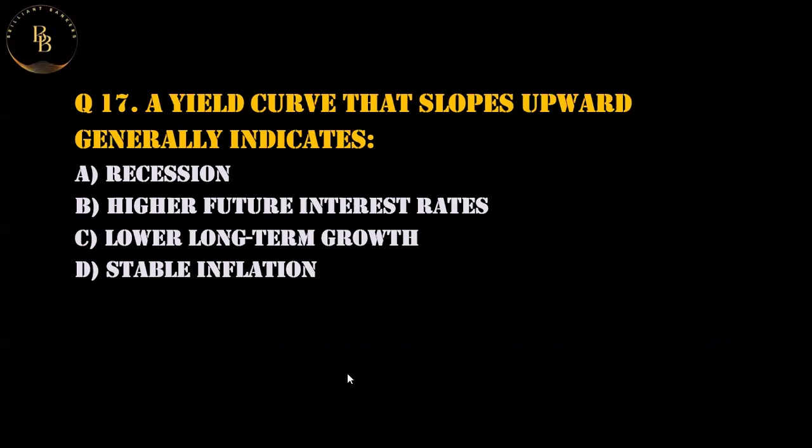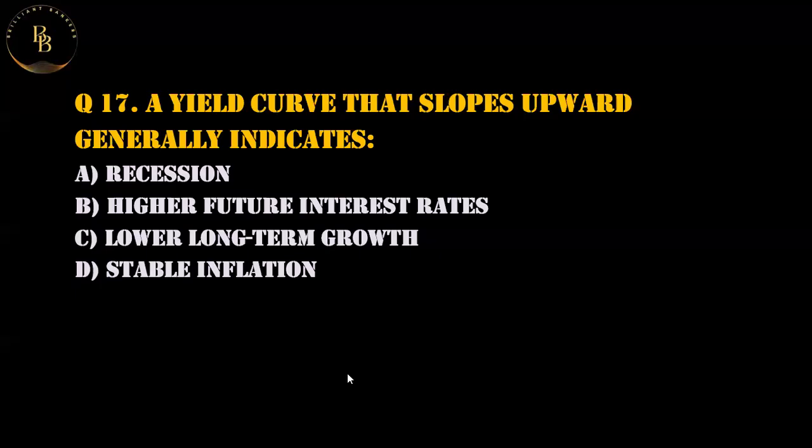Coming to question number 17, a yield curve that slopes upwards generally indicates what? A recession, higher future interest rates, lower long-term growth, or stable inflation?